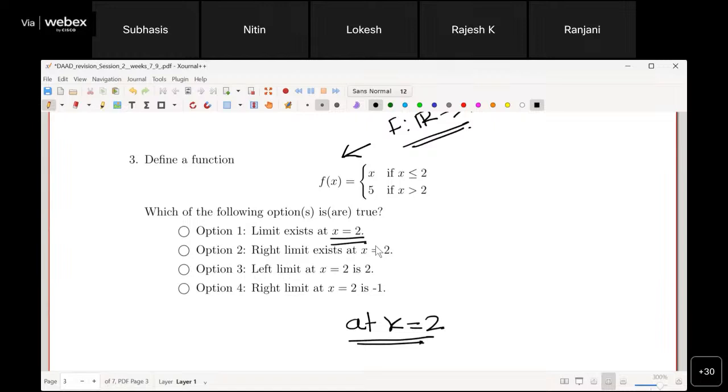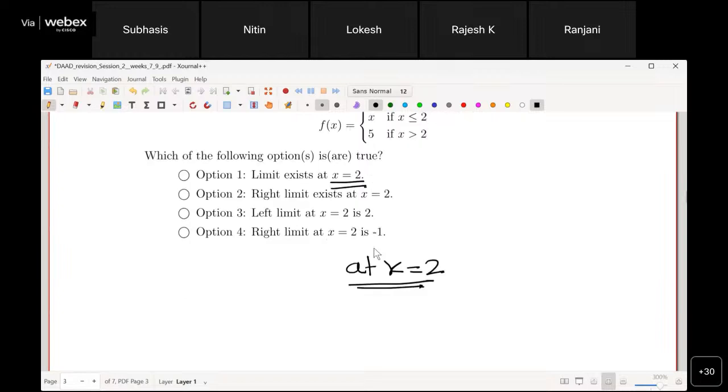That we need to find when we are checking the continuity of this function. When we're checking the limit of a function, we need to check the left hand limit and the right hand limit. If both match, then we say that the limit of this function at that point exists.